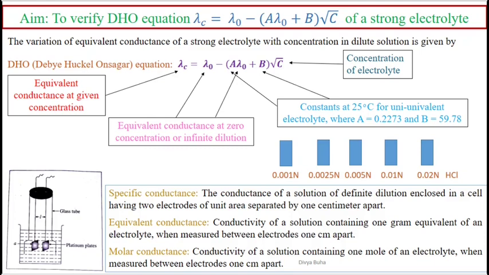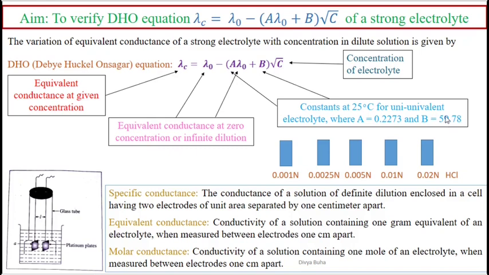So the valency of the positive and negative ions would be the same. For example, let us see HCl. When HCl dissociates, it would produce H plus ions as well as Cl minus ions. So in H plus, valency is +1, in Cl minus, valency is -1, so the valency magnitude is 1, either +1 or -1. Valency is the same. So such types of electrolytes are referred to as univalent electrolytes.